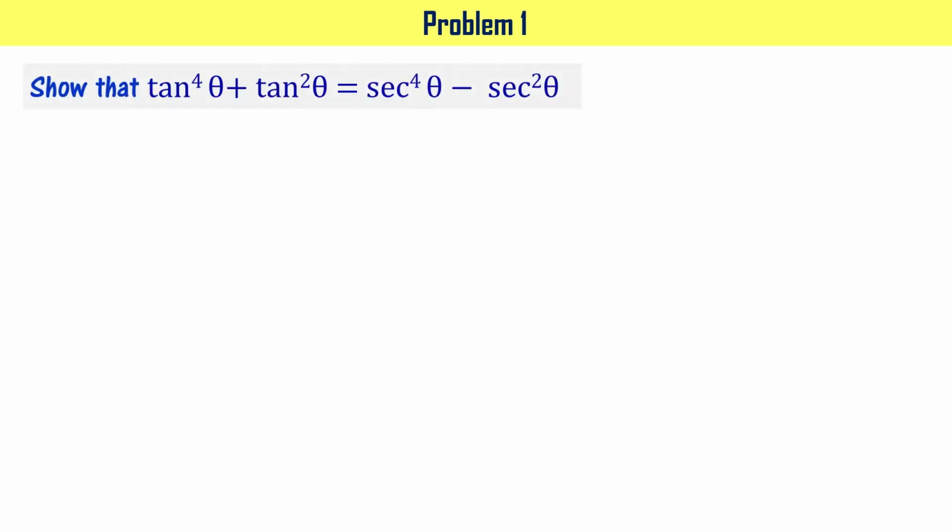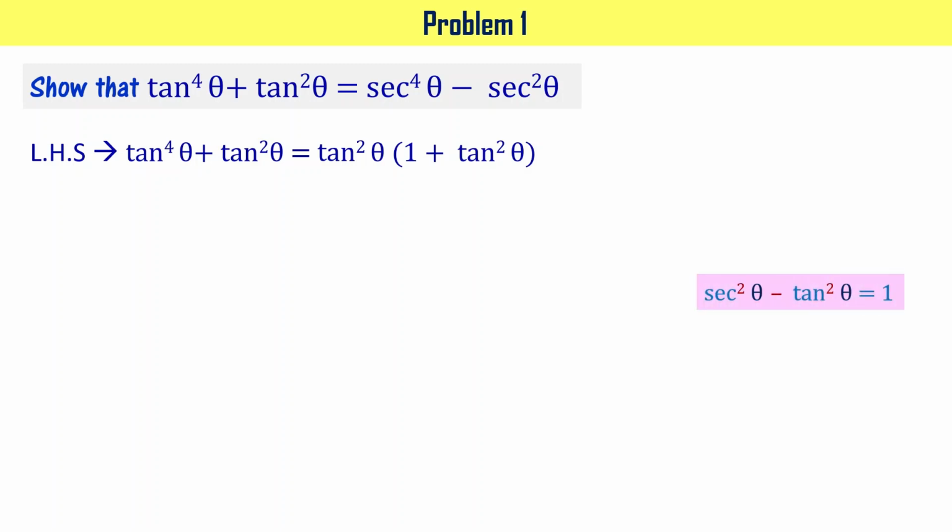Let's solve few problems based on this concept. Show that tan power 4 theta plus tan square theta equal to sec power 4 theta minus sec square theta. If you take left hand side terms, it is going to be tan power 4 theta plus tan square theta. That can be written as tan square theta times 1 plus tan square theta, right? From this trigonometric identity, sec square theta minus tan square theta equal to 1, we can say that 1 plus tan square theta equal to sec square theta, right?